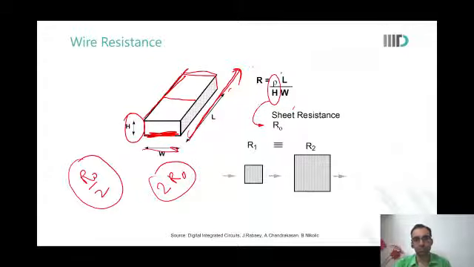No, sir. So H is fixed for a given technology, is it not? That is what we are calling R0. Now, what do I multiply R0 with to get the value of resistance? The number of squares that have to be traversed. This ratio is the number of squares.